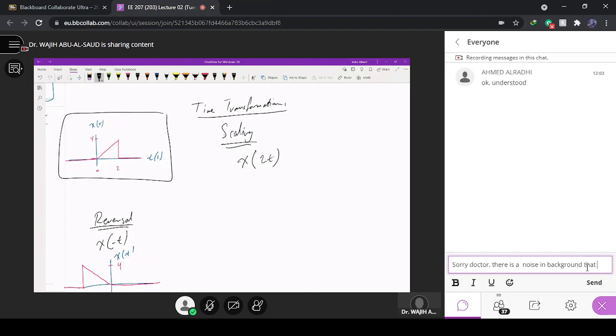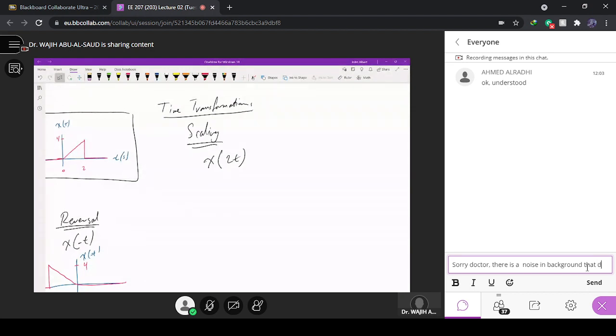In fact, usually, when they teach you the time scaling, they'll tell you always write this function that you want to sketch as x of t divided by a specific factor. Now, x of 2t, I can write it as x of t divided by 1/2. And this basically becomes the factor that will tell you whether you have expansion or compression. Since it's 1/2, it's in fact compression by a factor of 2.